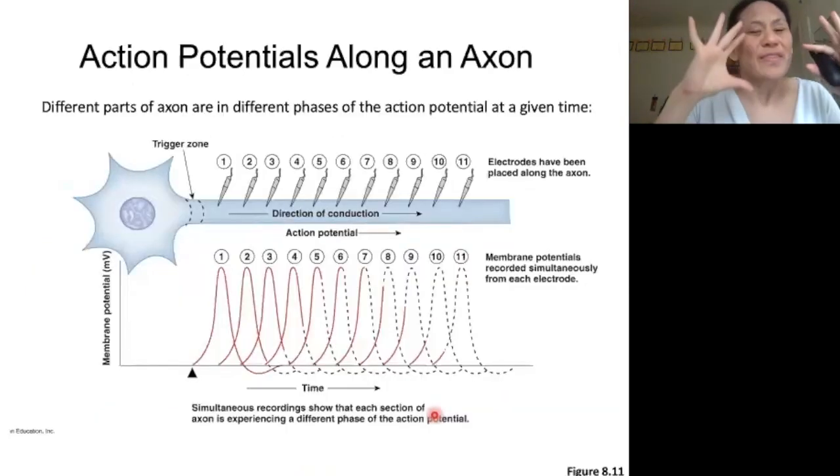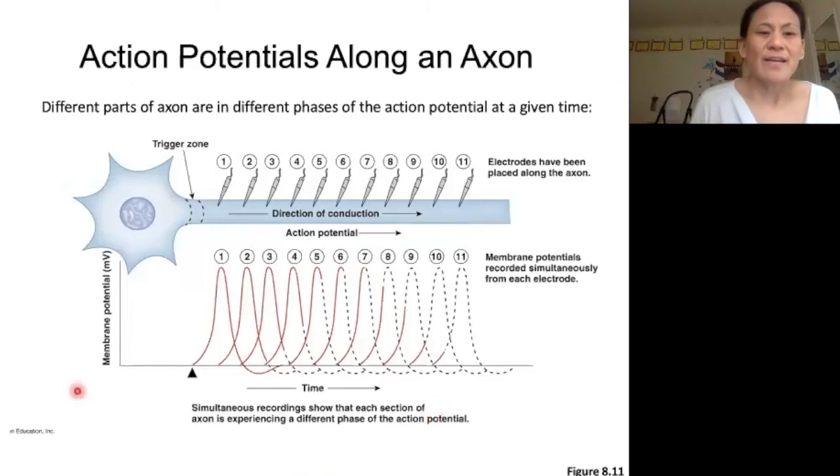All right, so this figure is a snapshot of one axon at one point in time. And what it's meant to illustrate is that different parts of the axon are going through different phases of the action potential at the same point in time, right?